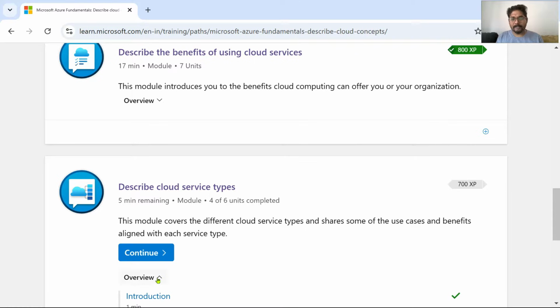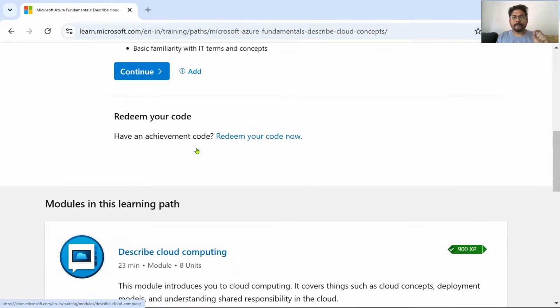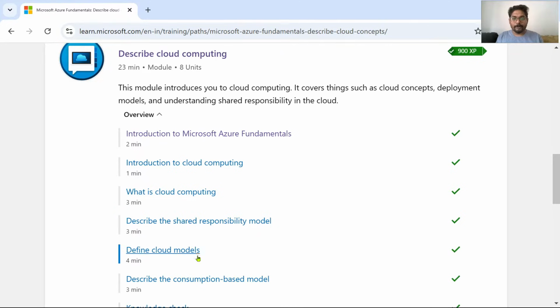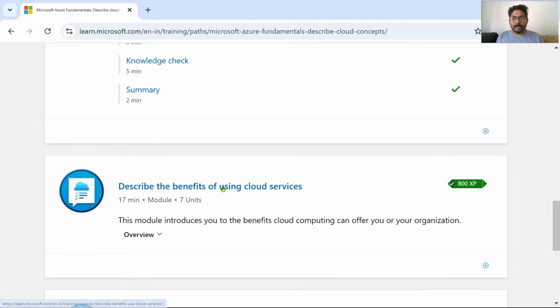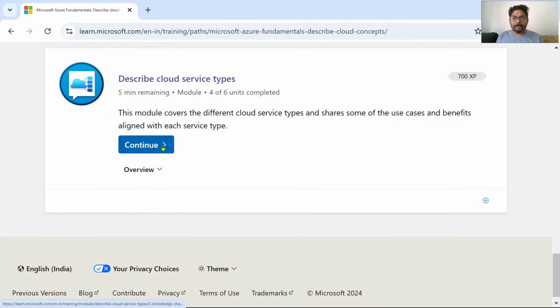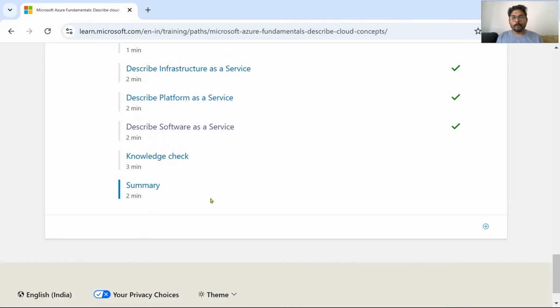So these are the three modules in the first one. Now each module has topics. For example, describe cloud computing has the following topics. If you look at benefits of using cloud services, it has the following topics. And describe the cloud service types has the following topics.